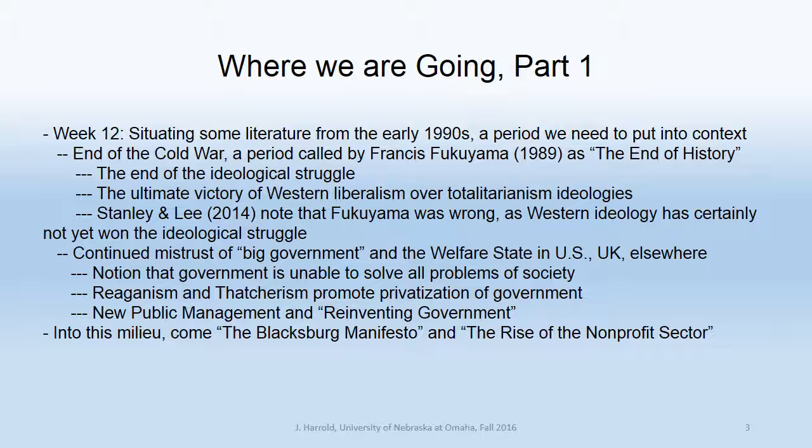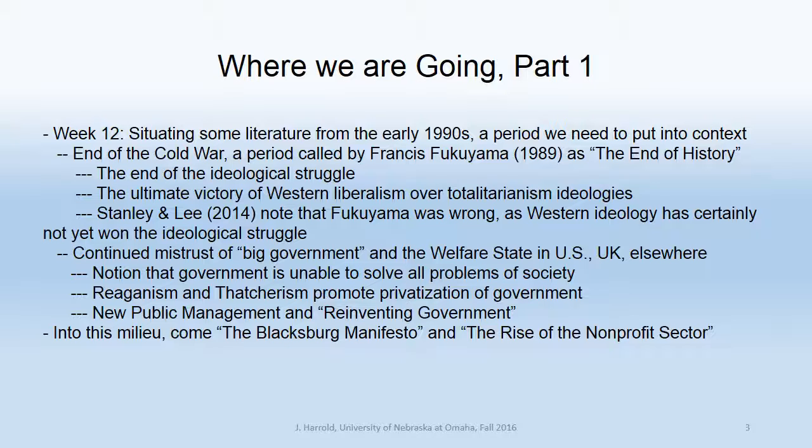The other thing that was going on during this period, the 80s and 90s, was this continued mistrust of big government and the welfare state, especially in the United States, the UK, and elsewhere. This was when Ronald Reagan was president, Margaret Thatcher was prime minister of the UK. And so Reaganism and Thatcherism, as we might call them, really promoted the privatization of government.